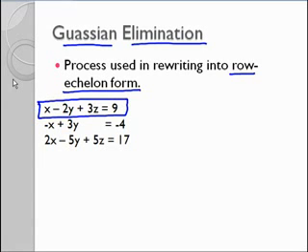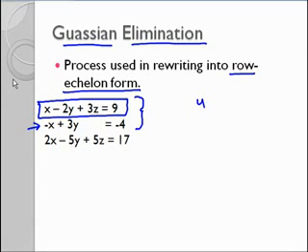Now what we want to do in the next equation is eliminate the x so that we have just a y and a z. We're going to move from the left to the right, so we're going to get rid of the x. Let's take this second equation. It has a negative x, so the easiest thing is to add it to the first equation. When we add these 2 equations together, the x's cancel.